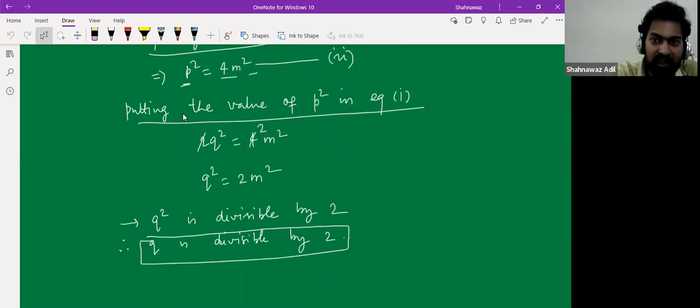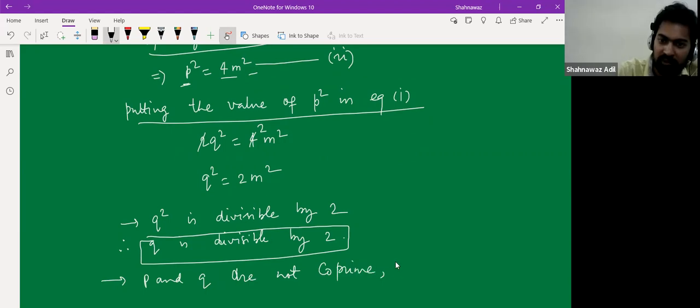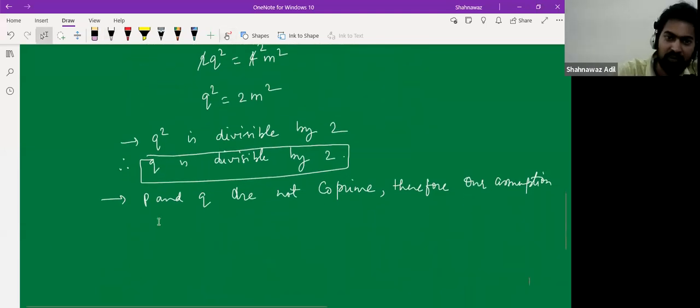So from here we see that p and q are not co-prime. Therefore, our assumption is wrong, right?